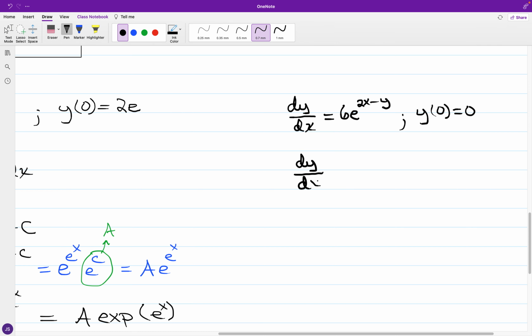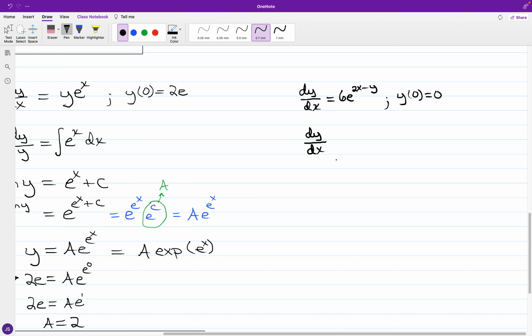But just for right now, let's say for what we have on the right, if we separate what we have in the variable degrees, you've got 6 times e to the positive 2x minus y, and think of this like e to the 2x minus y.